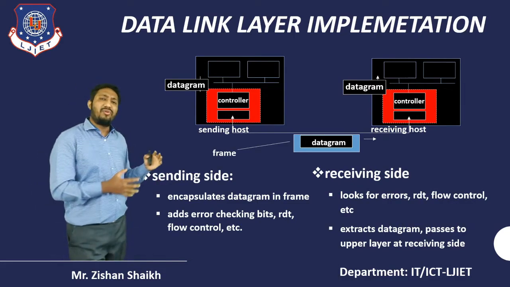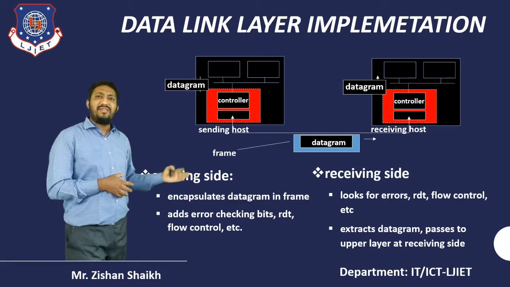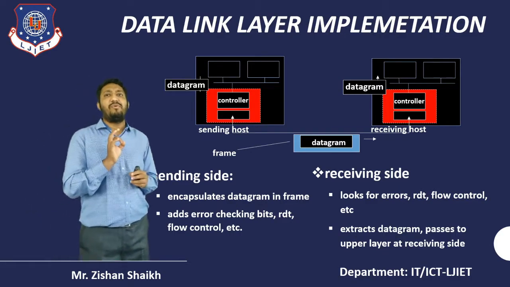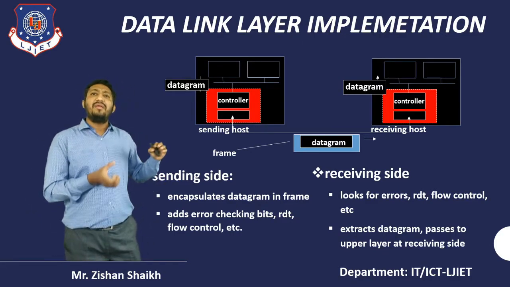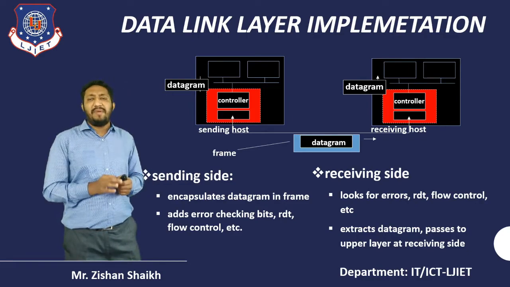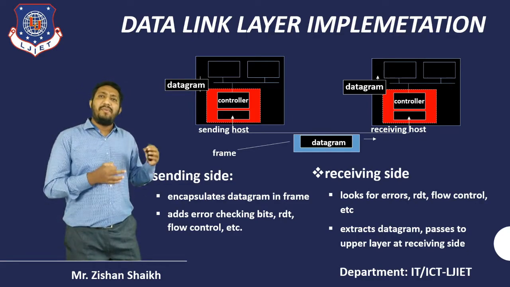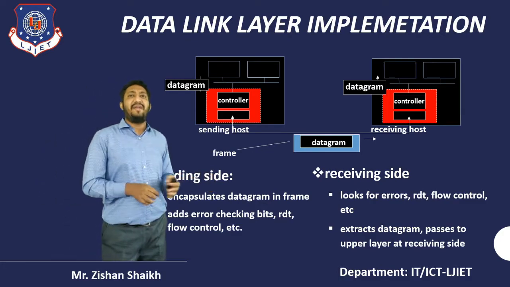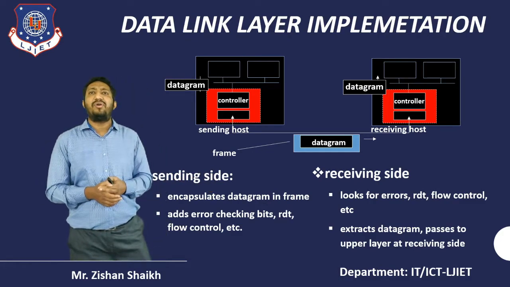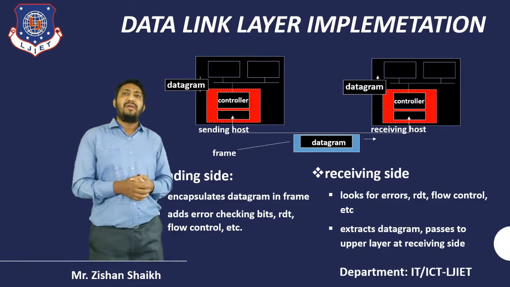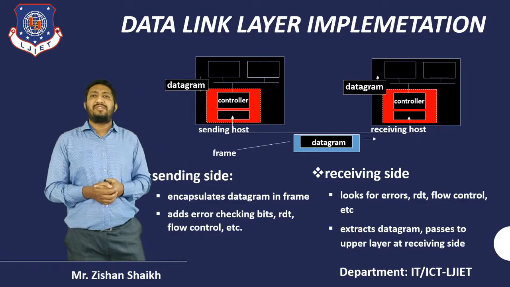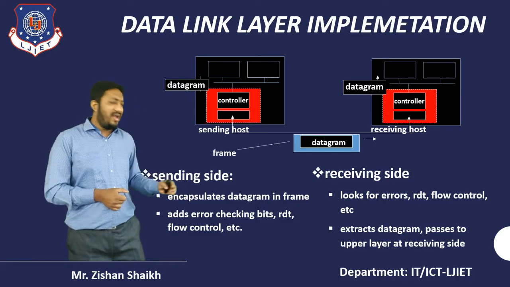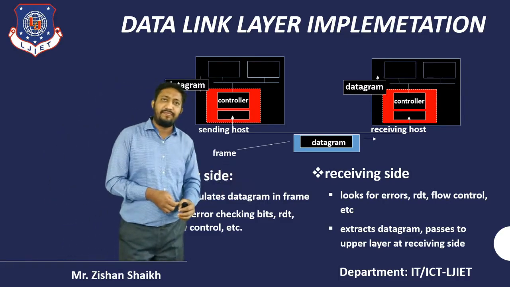So what is the role of that? At the sender side, it encapsulates the datagram in the form of a frame. It adds the error checking bits. Then it also contains RDT, which you already know is reliable data transmission, which is part of our transport layer. It also manages the flow control, and then it sends the data.